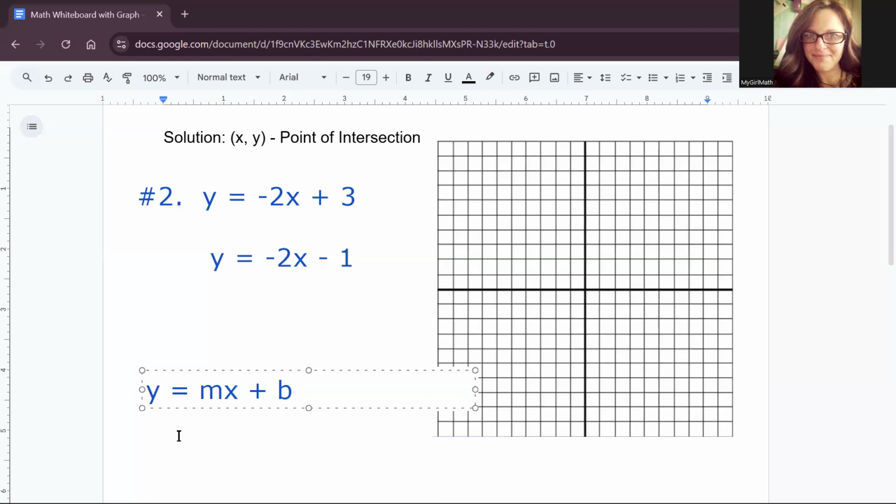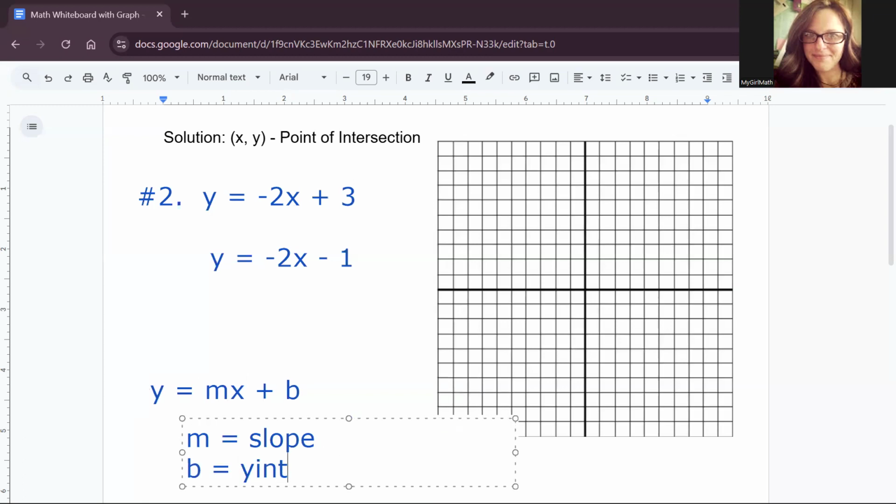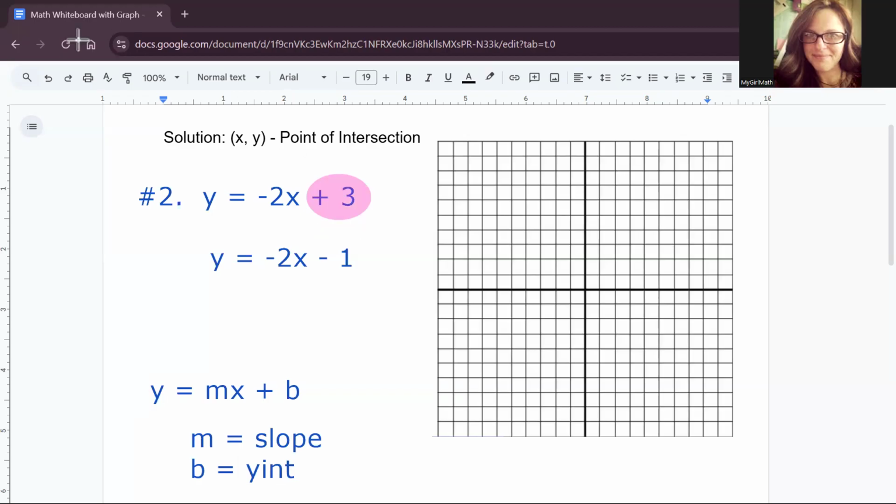So we can graph using our slope and our y-intercept. Starting with our first line, our y-intercept, positive 3. And then using our slope, you can rewrite negative 2 as a fraction, negative 2 over 1. So you can see your rise over run, down 2 to the right 1.